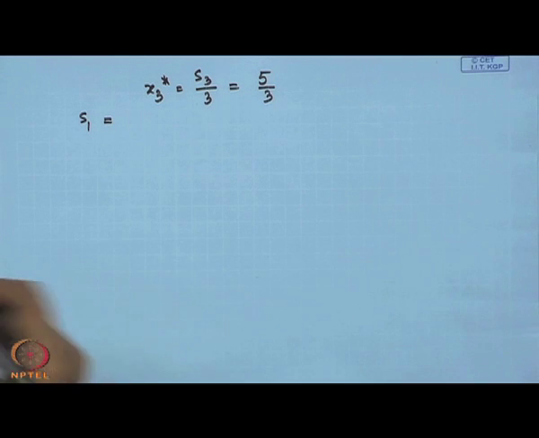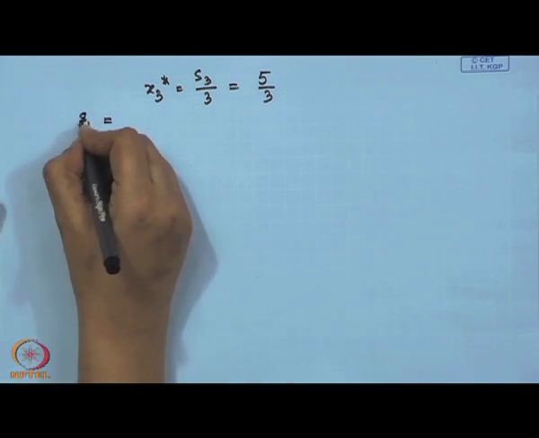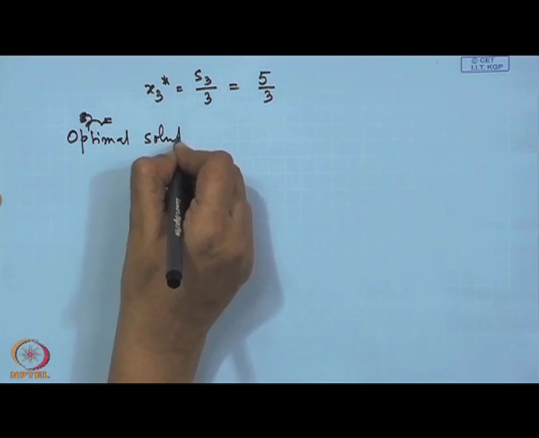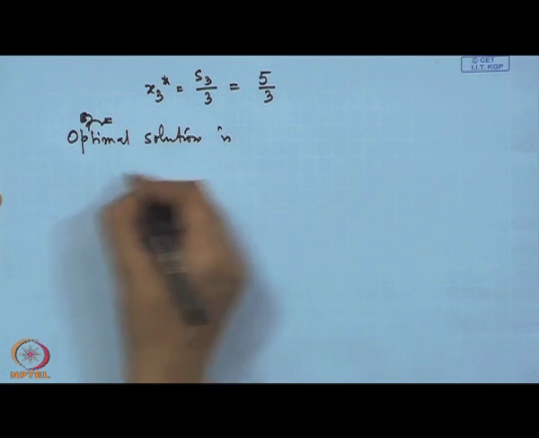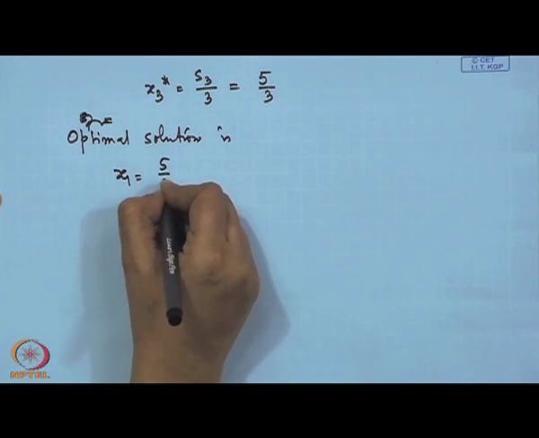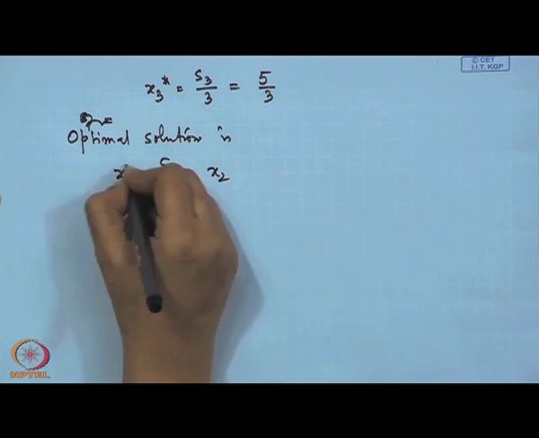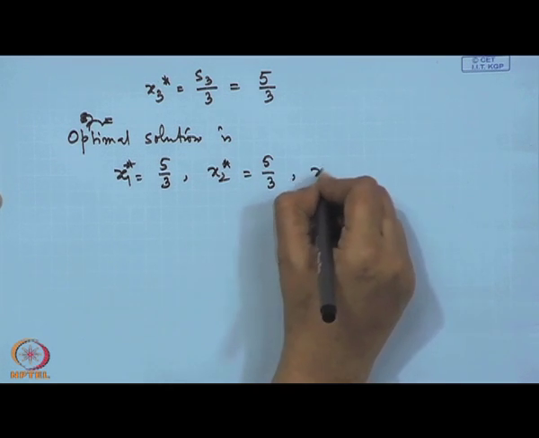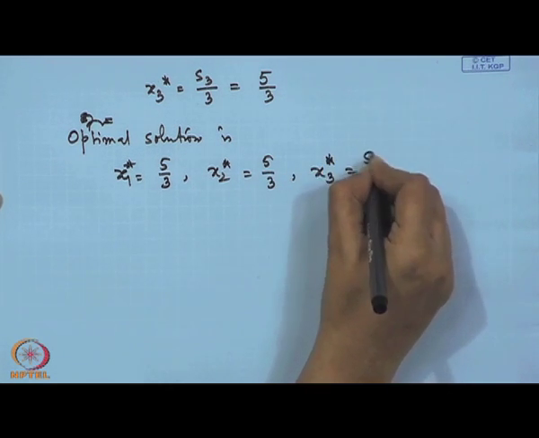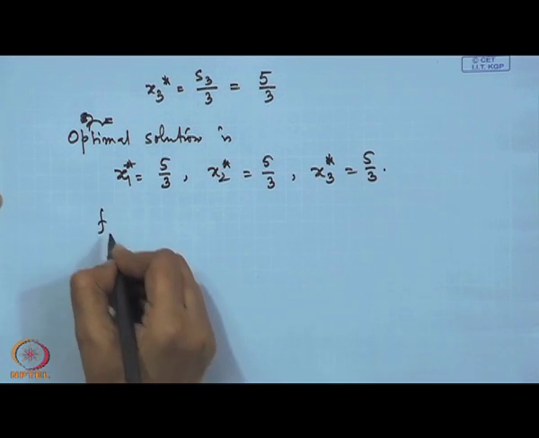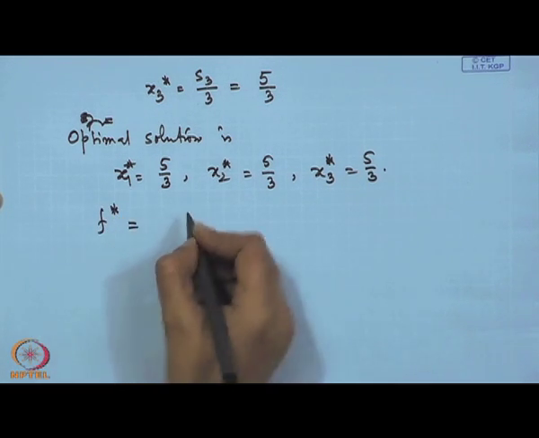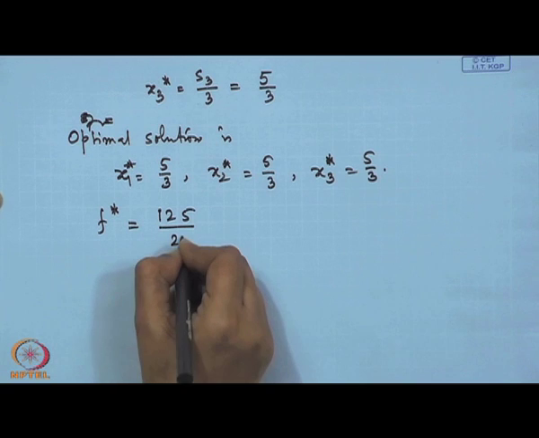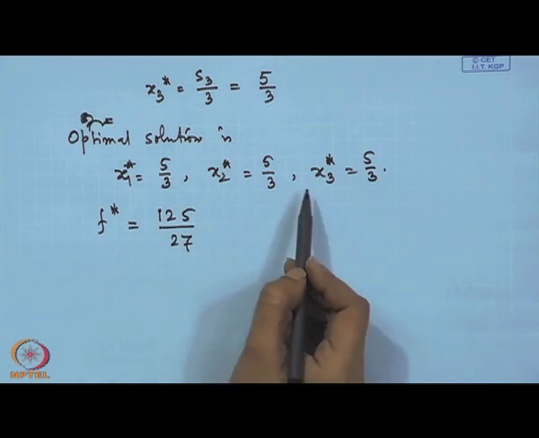In this way we can say that the optimal solution is x1 star equal to 5 by 3, x2 star equal to 5 by 3, and x3 star equal to 5 by 3, with the objective function f star equal to this value, because the value is x1, x2 and x3.